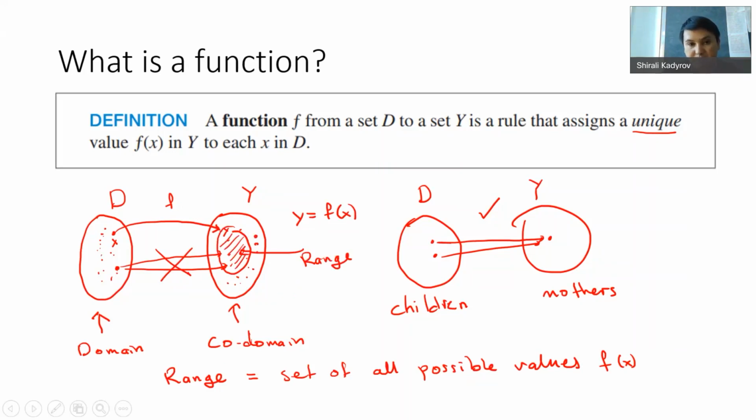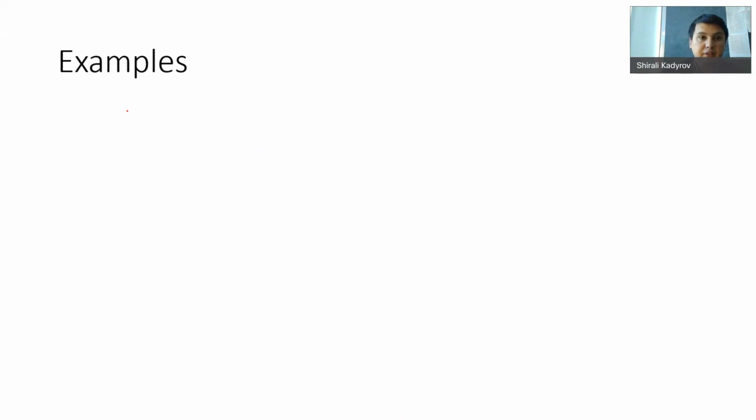So let's do some examples of how to find the domain and the range of functions. For example, I can take f of x is equal to x plus 2. So what are the possible values that x can have here?